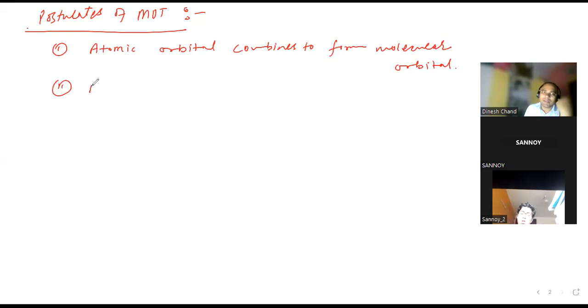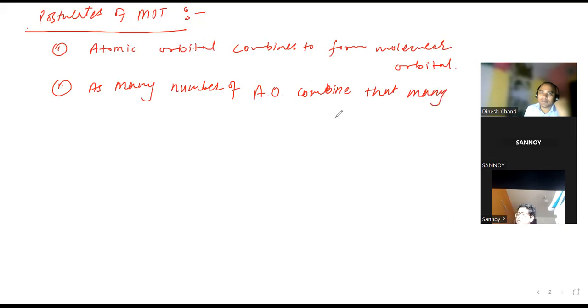They are saying that as many atomic orbitals combine, that many molecular orbitals are formed.